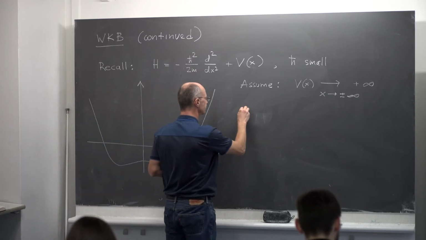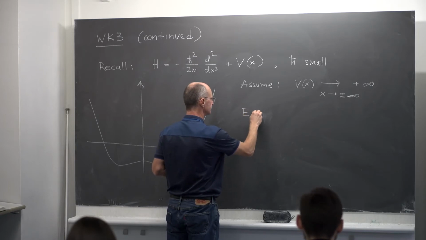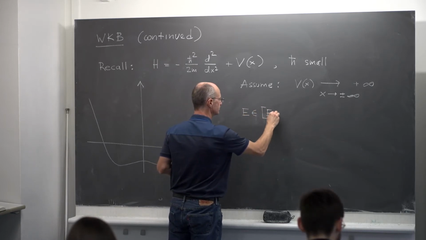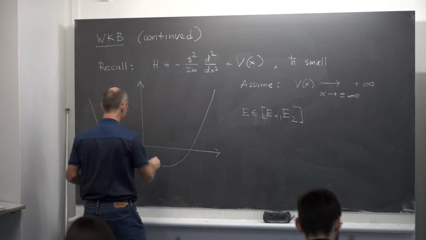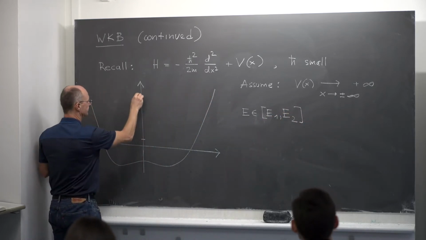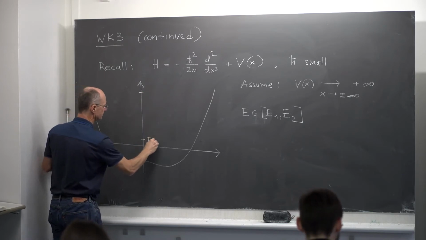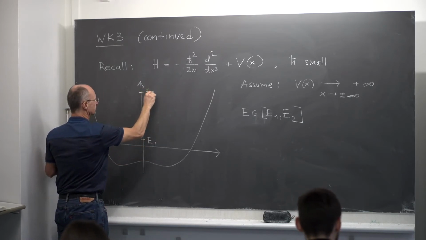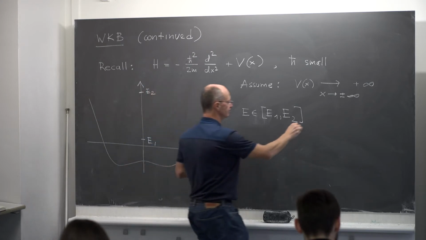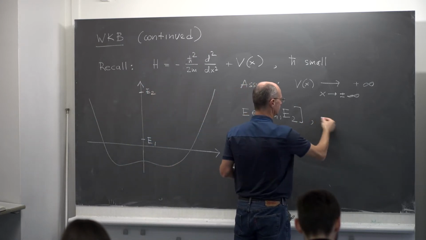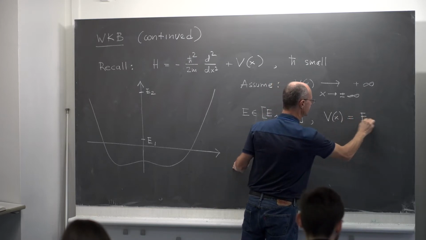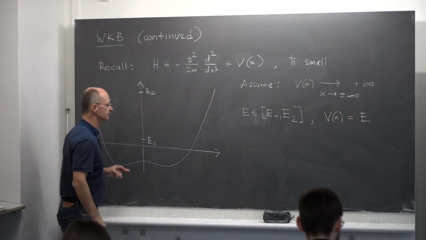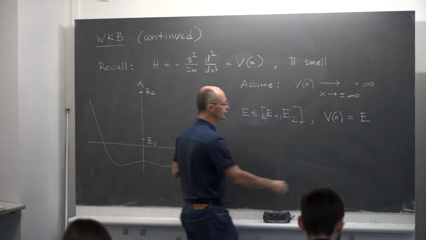So we fix a window of energies, something like this, and we assume that in this window the equation V of x equal to E admits two solutions.